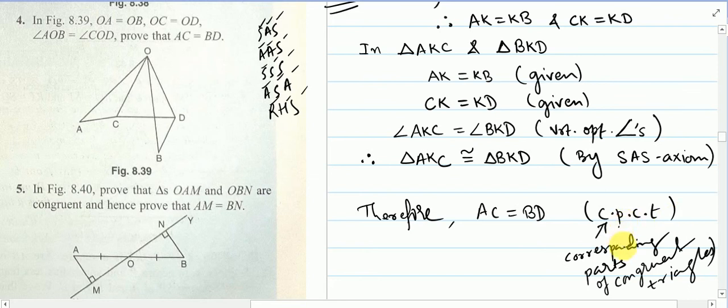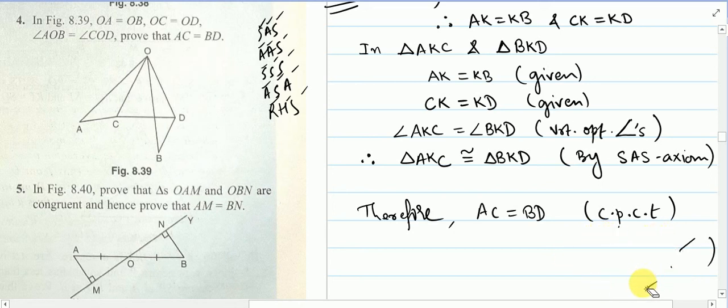It means corresponding parts of congruent triangles are equal. Clear? So this question is done. Now we will see the next question.